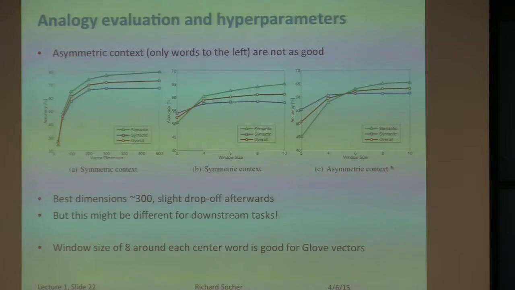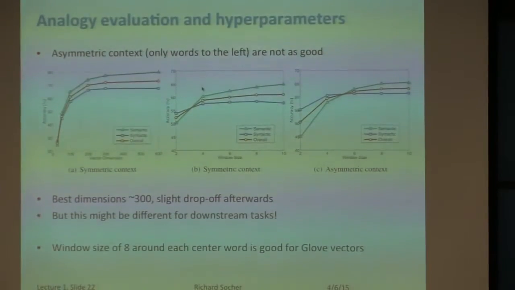And this one is interesting too. Here we have an asymmetric context. So far we've only talked about predicting the left C words and the right C words, but it turns out you could also just predict the last couple of words. That is the asymmetric context, and you can see here that just using the left side does not work as well as predicting left and right.